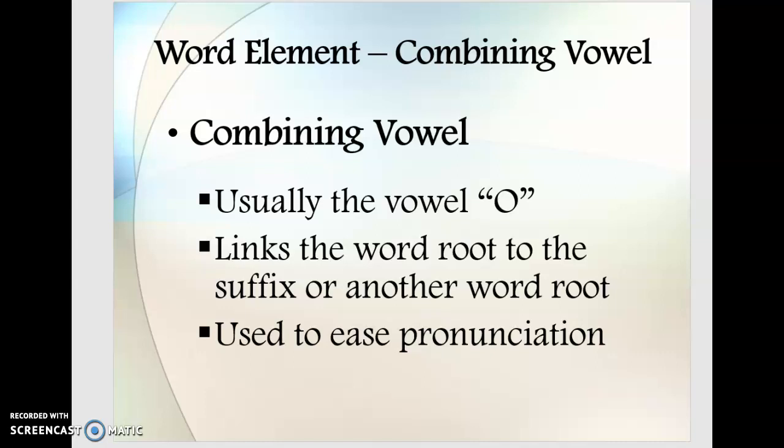So we just put a combining vowel at the end of the word root to be able to link it to a suffix or another word root to help us pronounce the word easier. Usually it's the letter O, but you'll see an I come up or possibly an A every now and then, just to throw you for a loop.